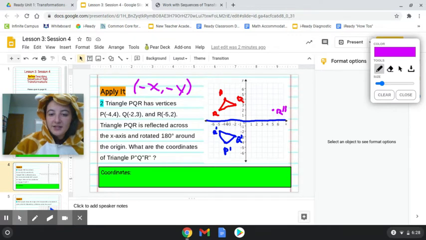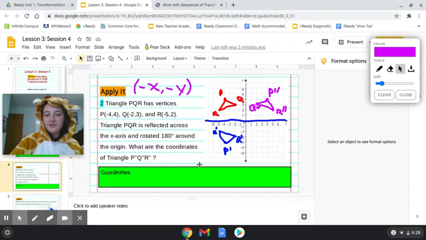Your P was at negative 4, negative 4. So now we're at positive 4, positive 4 for your P double prime. And then your Q was at negative 2, negative 3. So now we're at positive 2, positive 3 for your Q double prime, sorry. And then we connect our dots here.